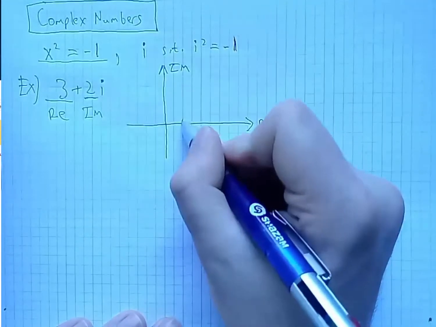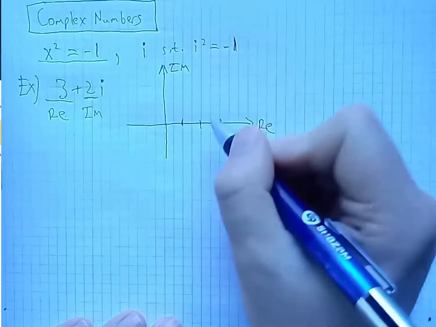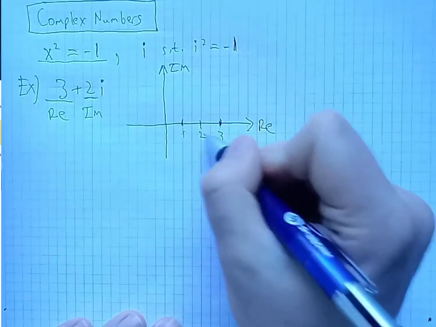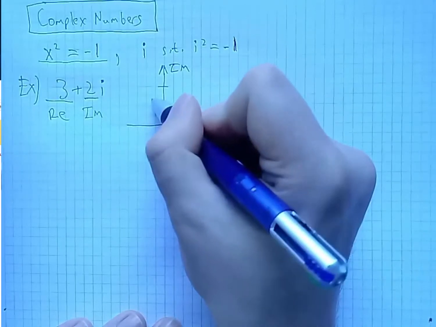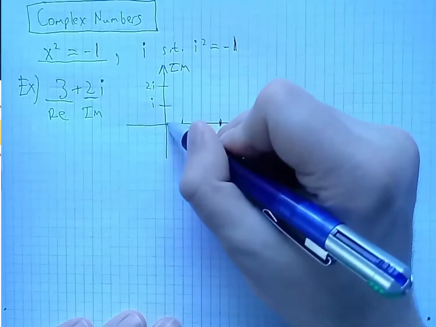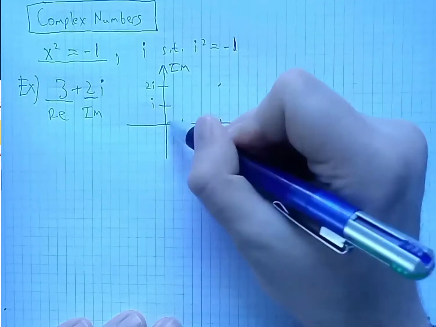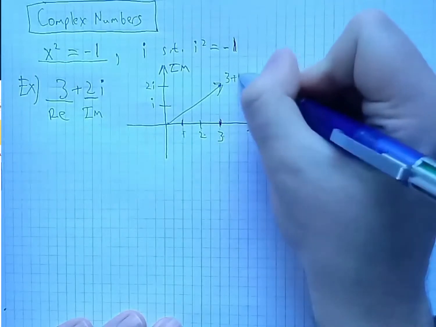So in this example, my 3 plus 2i, so this is 3 real, so we got 1, 2, 3 here, plus 2i, so this is i, this is 2i. I can actually plot that as this vector here. So this is 3 plus 2i.